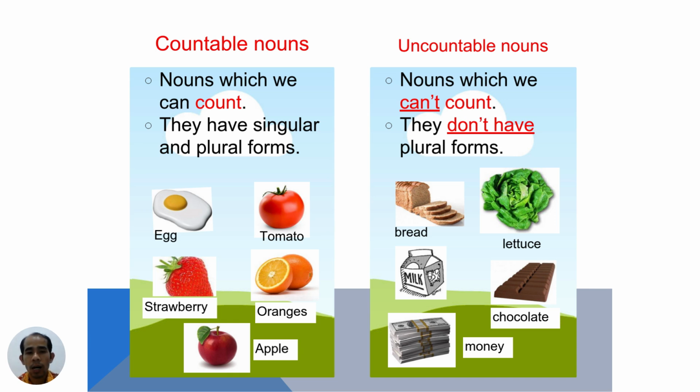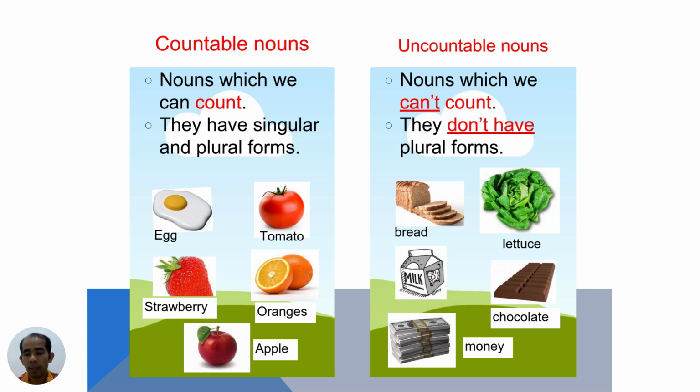So uncountable nouns we can count with a measurement. And remember, they don't have a plural form. Example, bread, not breads. Lettuce, not lettuces. Milk, not milks. But for example, a box of milk. Chocolate, a bar of chocolate.